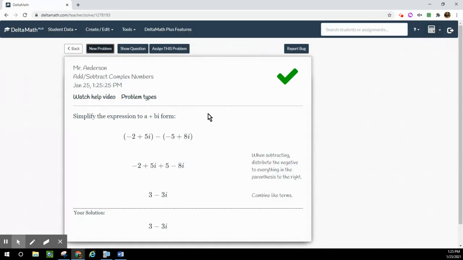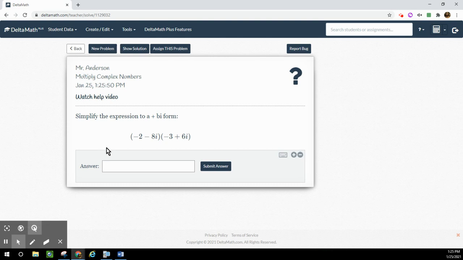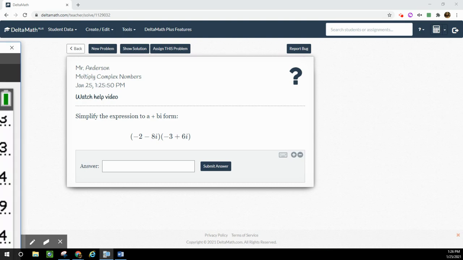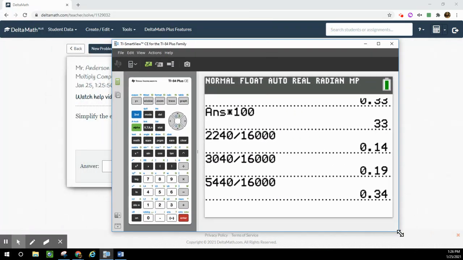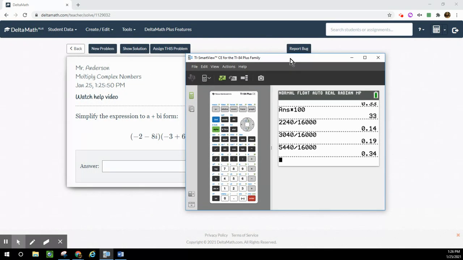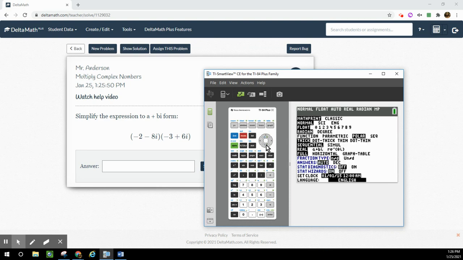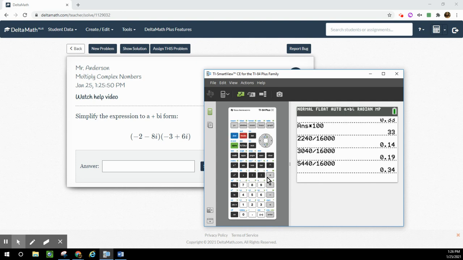For this next one, simplify the expression to a plus bi form: negative 2 minus 8i times negative 3 plus 6i. Now, of course, if we have our calculators in the right mode, then we could do this.